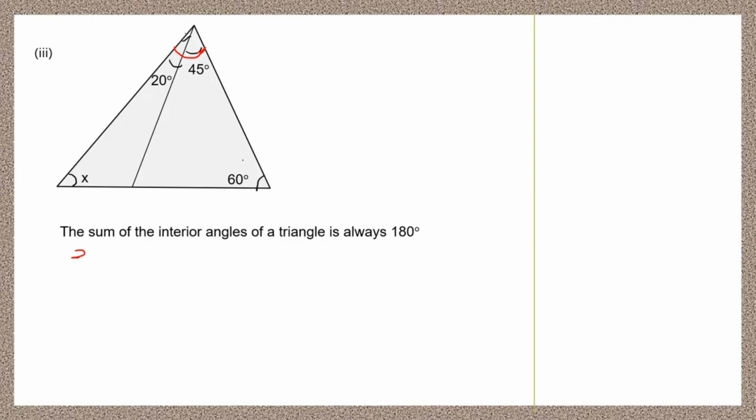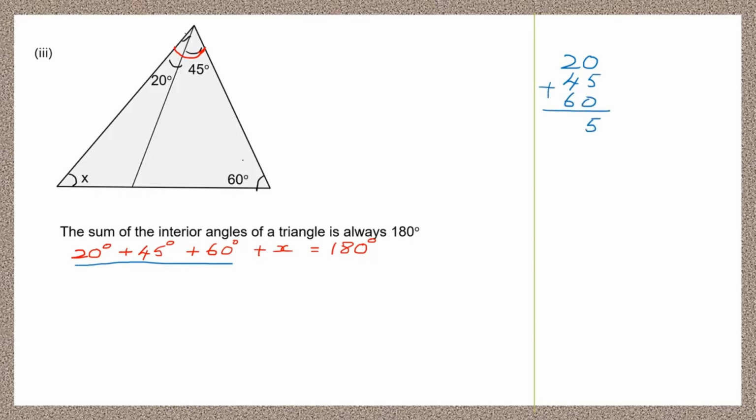So let me do that. 20 degrees plus 45 degrees plus 60 degrees plus x equals 180 degrees. So here the unknown angle is x. So first thing, I will add up all these. So let's do that. 20 plus 45 plus 60.